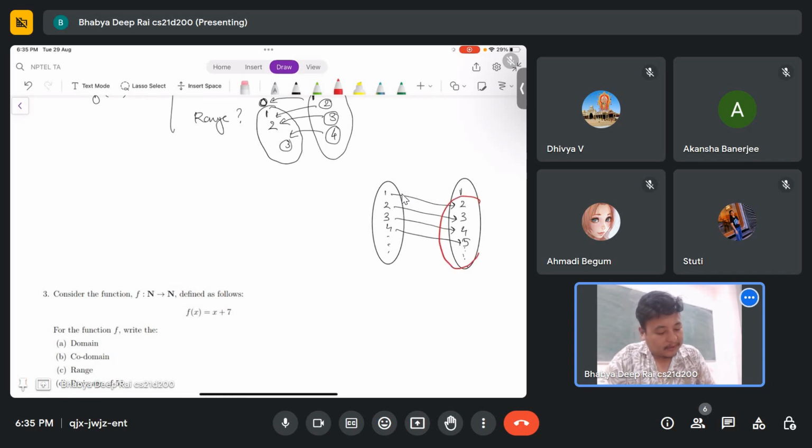So this is my range. Although we map to all positive integers, that is my codomain and this is my domain.